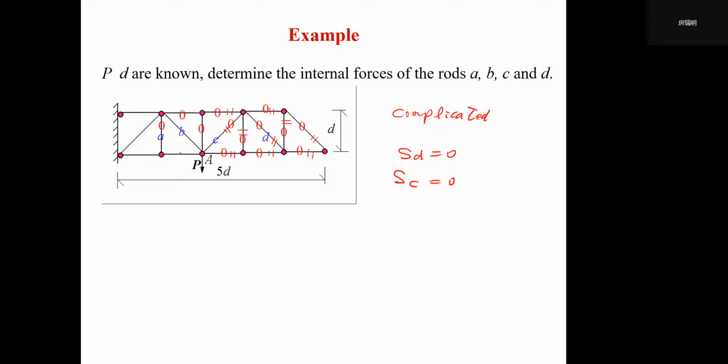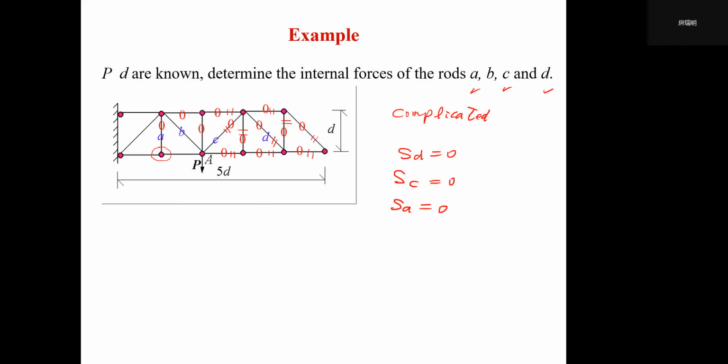And we also find that actually at this point, two members, two of them collinear. So this one will be a zero member. So we have SA equals 0. So we found that SA, SC, SD all equal 0. We only need to find SB. You see? We only need to find SB.